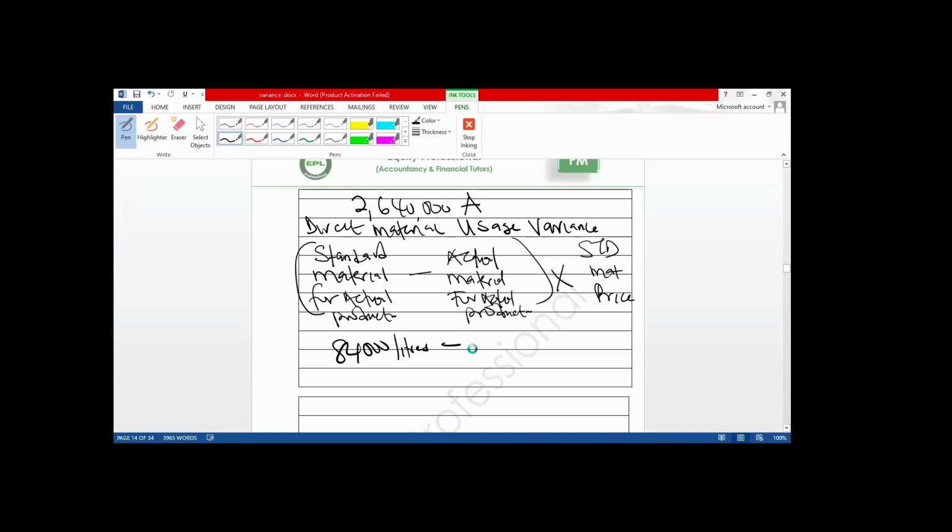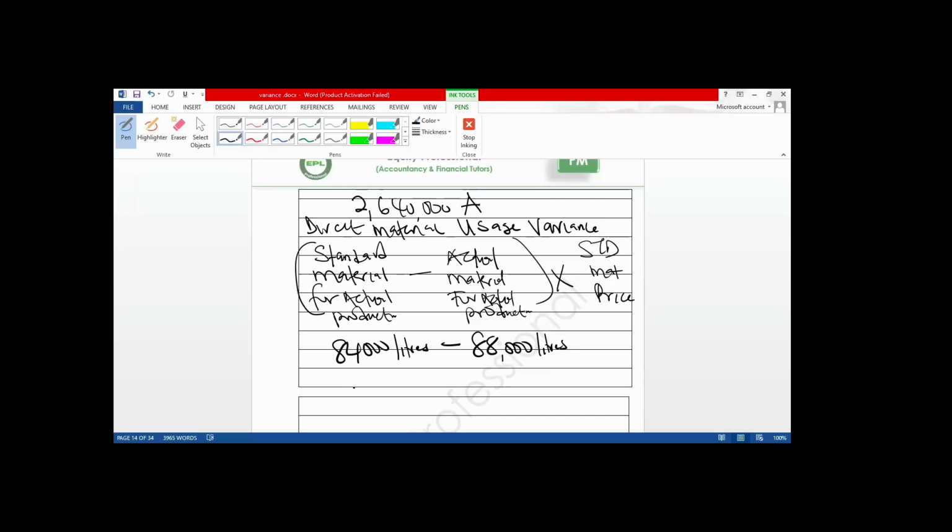Actual material use, 88,000 liters. That means there's a problem. Since I produce 2,800 units, and management said to produce 1 unit, you are supposed to use 30 liters. If I follow standard, I should have used 84,000 liters.